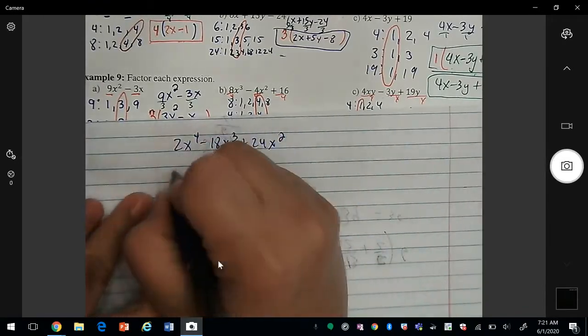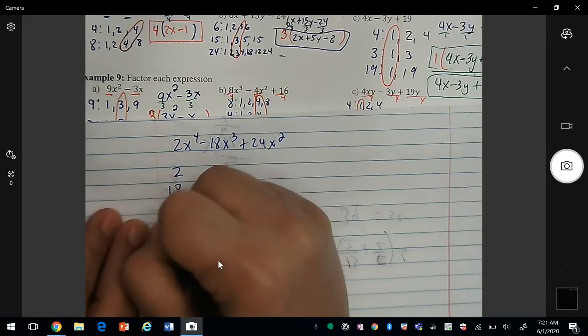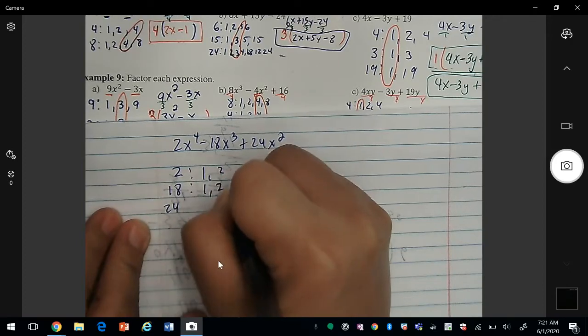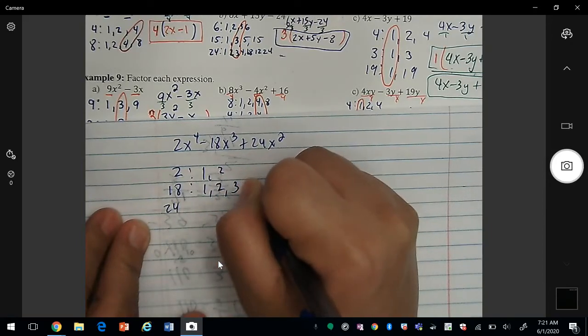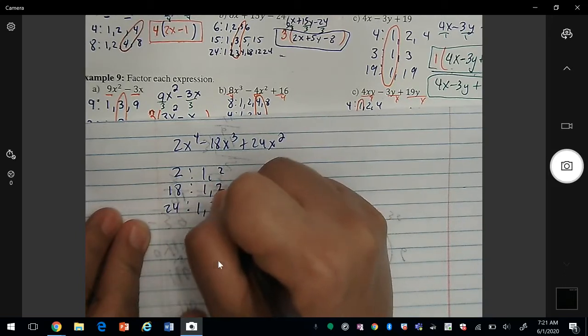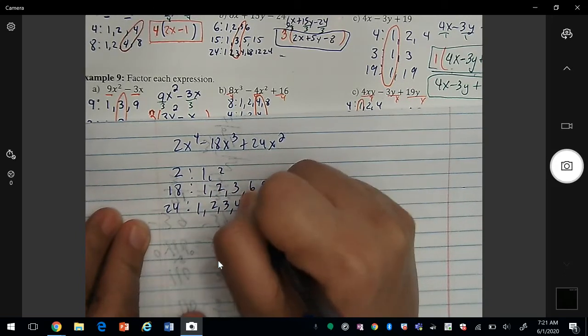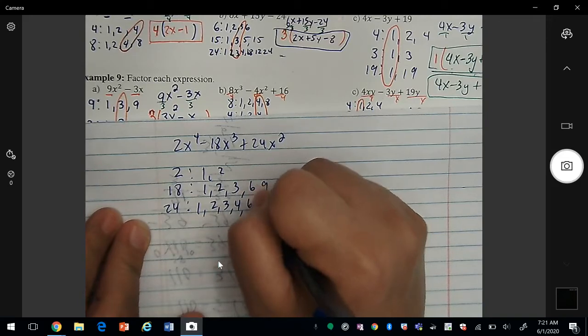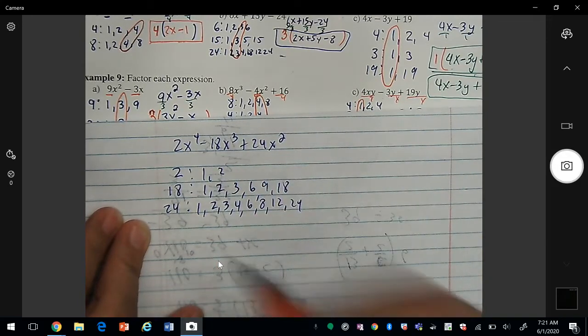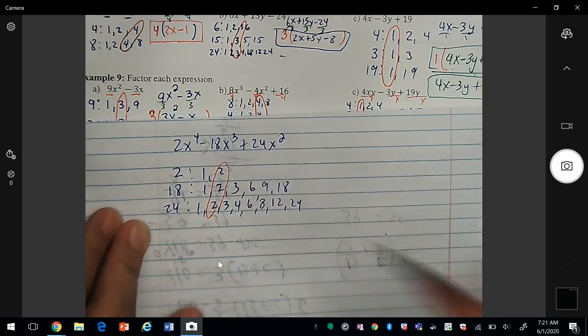And so for letter C, we have the numbers 2, 18, and 24. And what they have in common is 2.